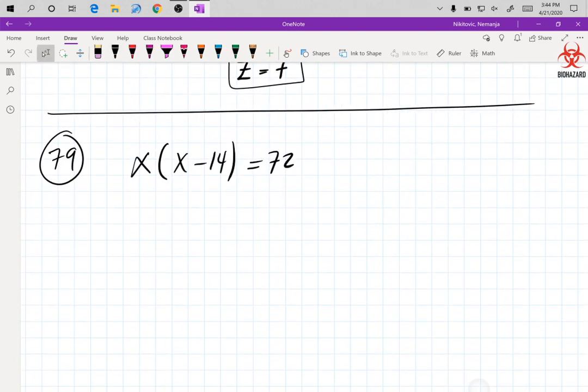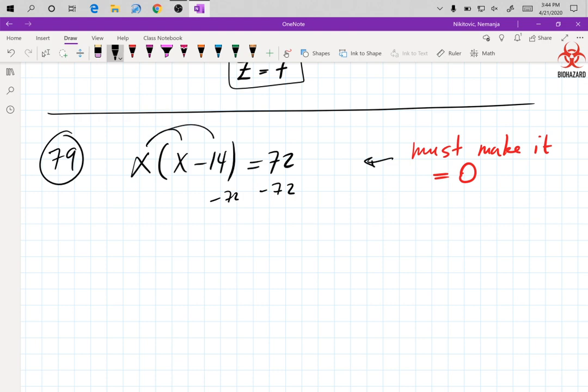So it's not equal to 0. That's very important to see. So we must make it equal to 0, which means 72 has to go to the other side. Now on this side you have to distribute this x, so you have x squared minus 14x minus 72 equal to 0.